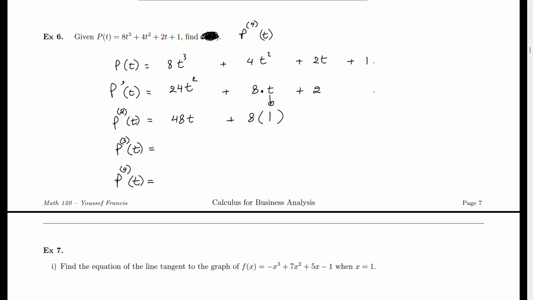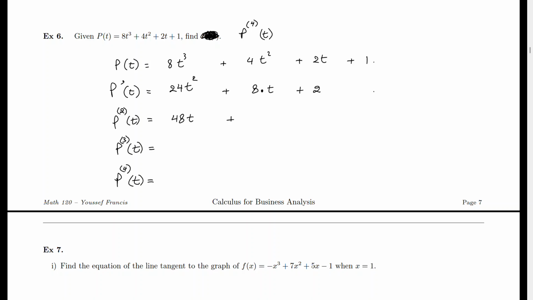The answer is 1. But really, 8 times 1 is just 8, so let's just write down 8 there. And derivative of 2 is 0, so I don't have to write it. So we started with 4 terms, and now the second derivative has only 2 terms, which is amazing. And let's keep going.